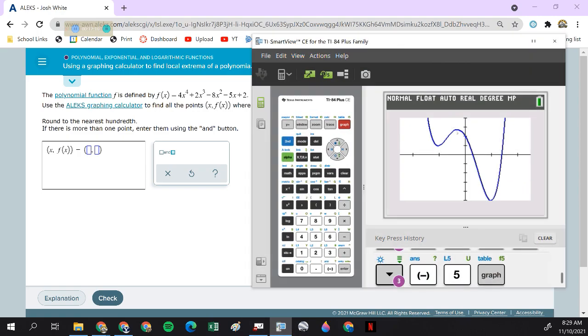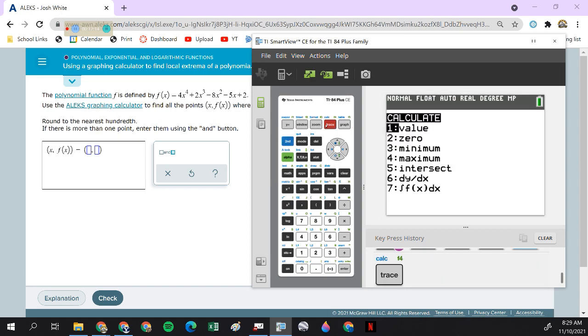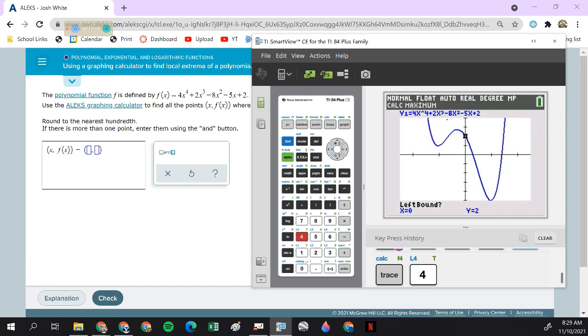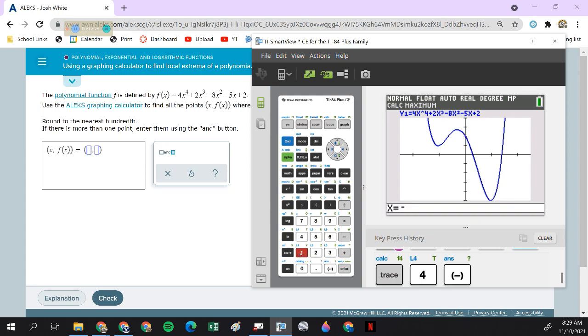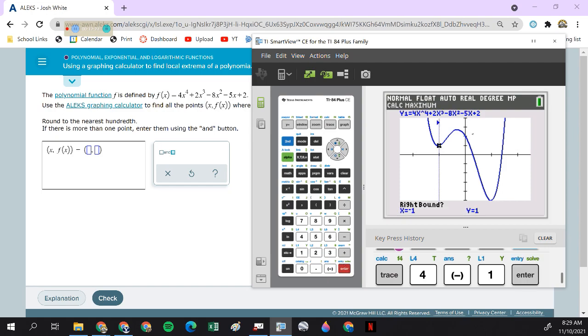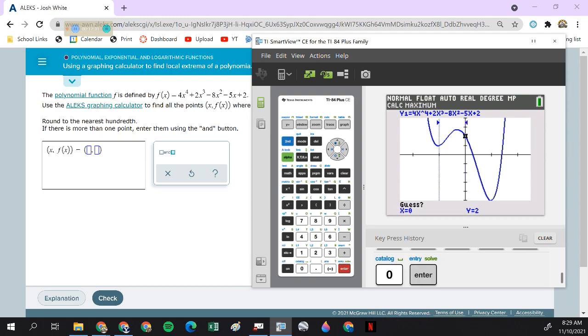So I want to find this point right here. So I go second calc, and I choose maximum, which is 4. And then I need to do my left bound and my right bound and my guess. So for a left bound, I'm going to choose negative 1. For my right bound, I'm going to choose 0. And the answer I'm looking for is between those 2 marks. So for my guess, I'm going to go right there.